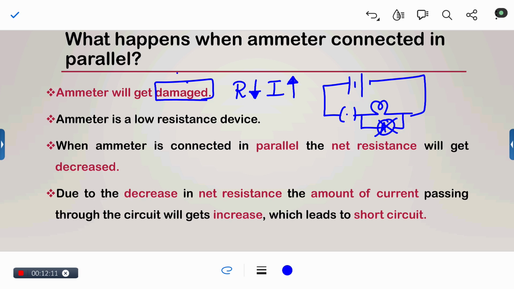Due to the increase in current, a short circuit will be created and the ammeter will get damaged. So this is the reason we should not connect the ammeter in parallel. How do we need to connect it? We need to connect the ammeter only in series. This is the right one and this one is the wrong representation.